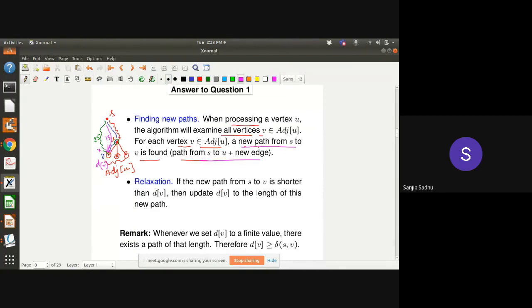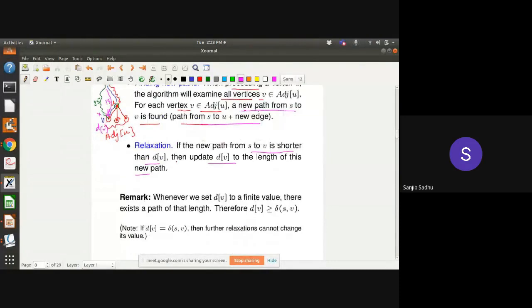If the new path from S to V is shorter than dV, then update dV to the length of the new path. That I have told. If I see in this step that the distance of an adjacent vertex of U becomes smaller than the existing distance of V from S, then I will update it. That is called relaxation. Whenever we set dV to a finite value, there exists a path of that length.